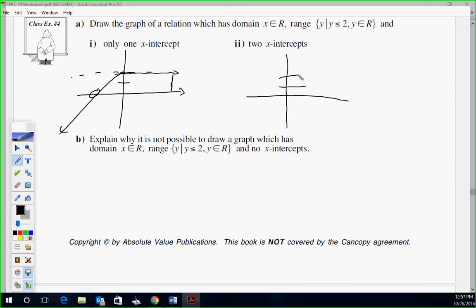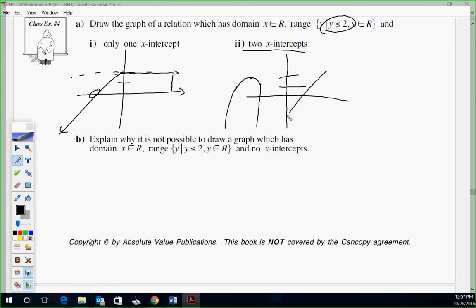Okay, the key is, again, I can't be anywhere above 2. That's what that tells me. Nowhere above 2. But I need 2 x-intercepts, so I need a bend or a v. So a couple options. I can do this one. That's above 2. It's a little too high. Yeah, parabola. Okay, right there at 2.